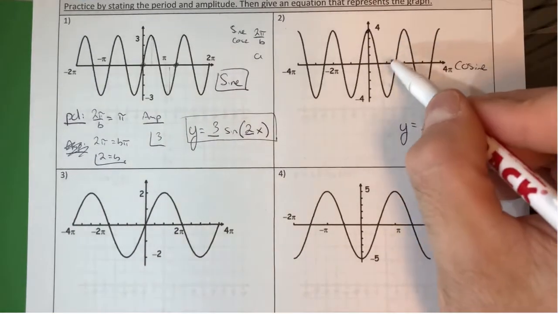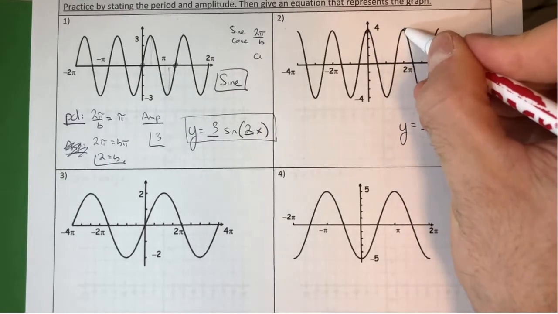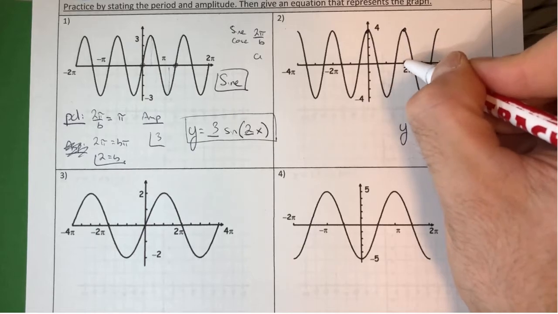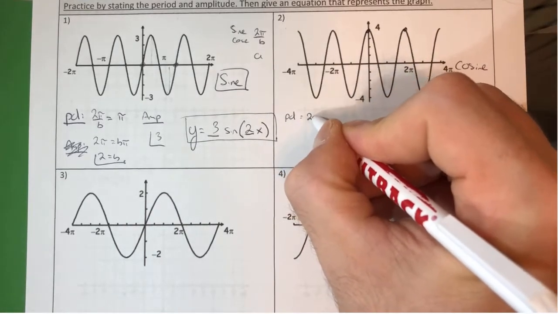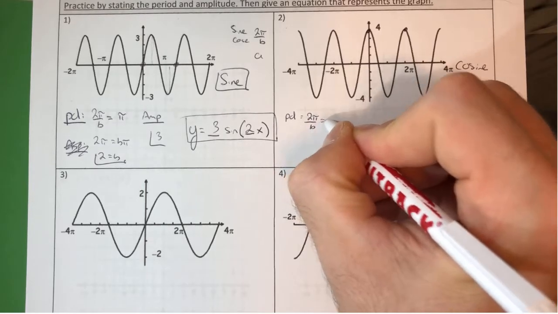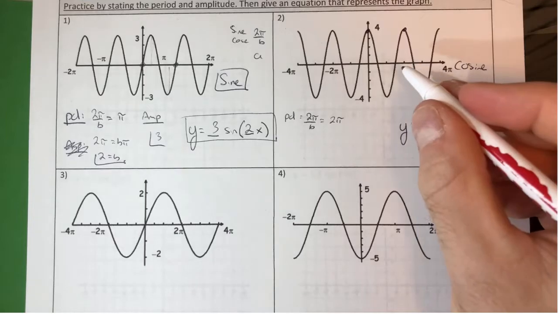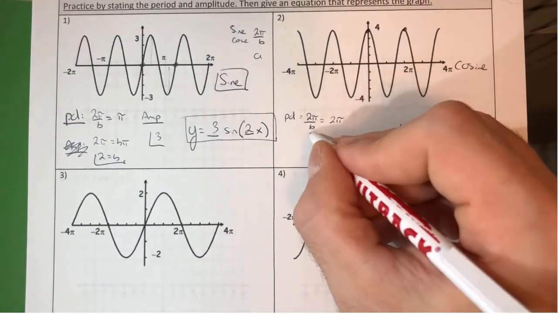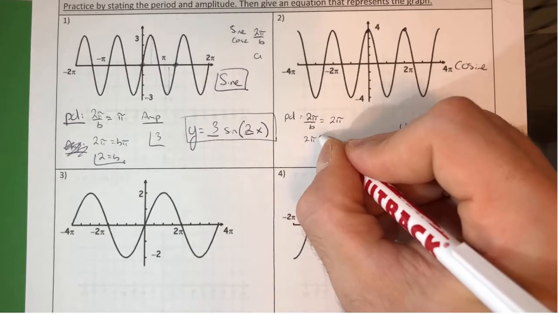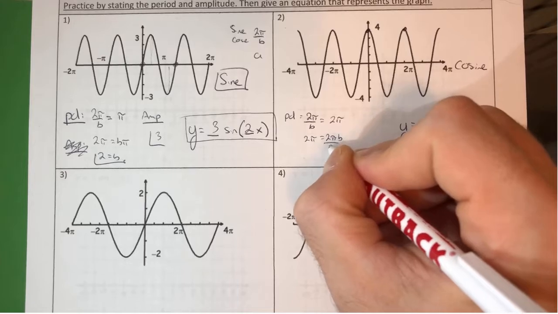Let's take a look. When does this graph reach the top again? Looks like at 2 pi. So for my period, I know it's normally 2 pi divided by b and the result is 2 pi, well, then that number is going to be 1. But let's go ahead and work out the math. I'm going to cross multiply. Get 2 pi equals 2 pi b. Divide both sides by 2 pi.